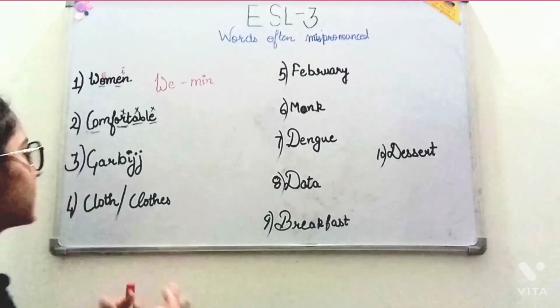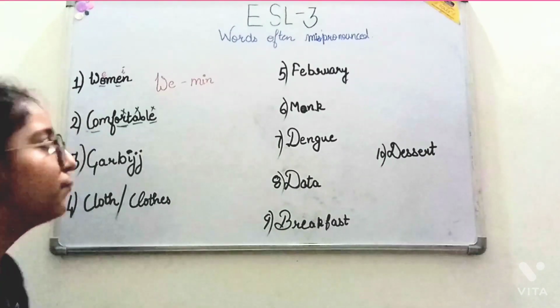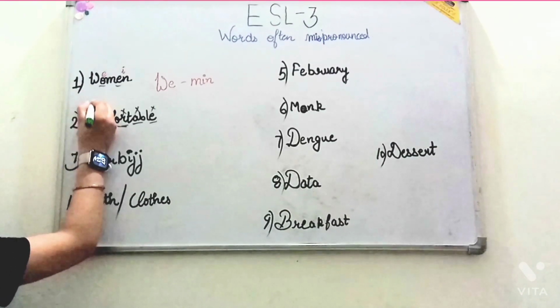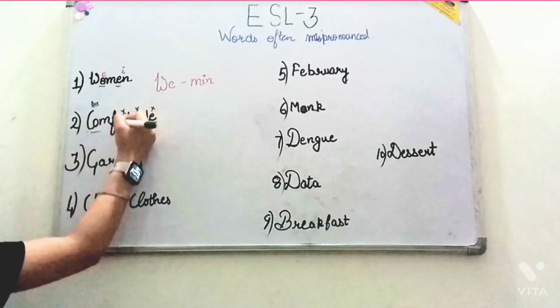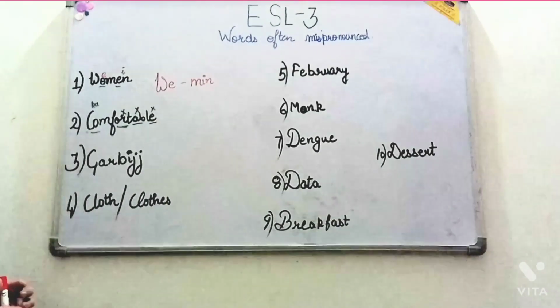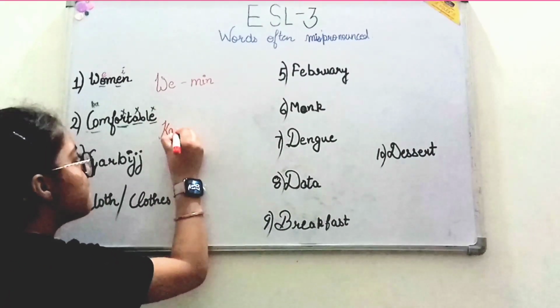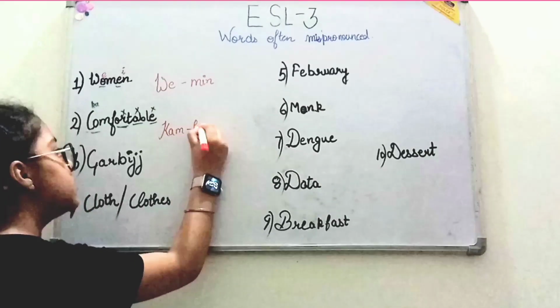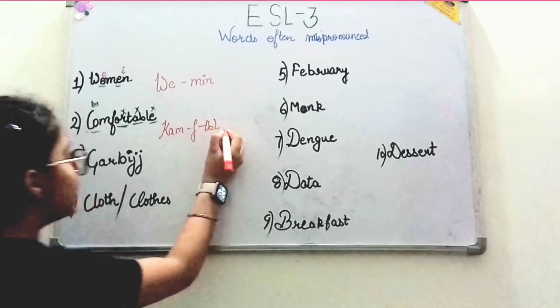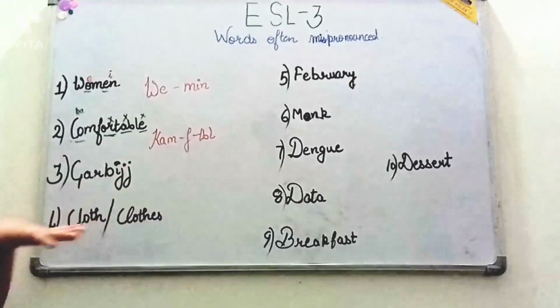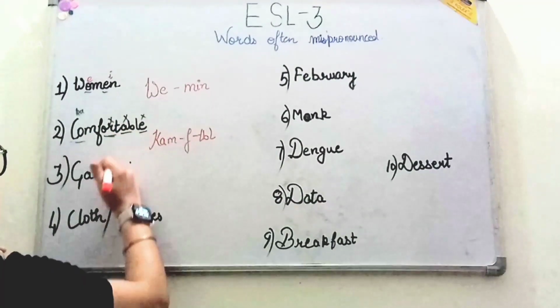Most of the letters are silent here, the O is silent and the E is also silent. So instead of C-O, we use K-A, but the rest are silent. So it is comfortable, right?